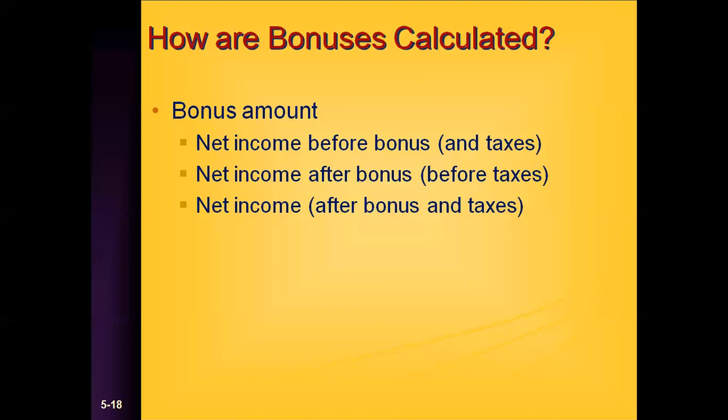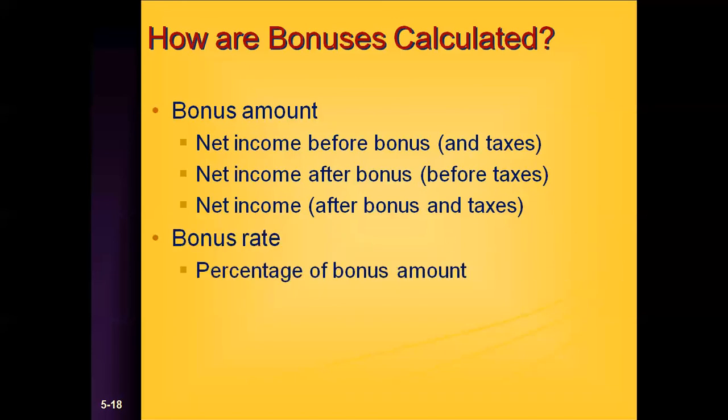Sometimes the bonus is paid after the bonus has been paid and before taxes are paid. And then the third way is net income after bonus and after taxes. So there's some math involved here, and we're going to go through a little word problem, but I think the math is relatively straight. The bonus rate is actually the percentage of the bonus that would be paid to employees.